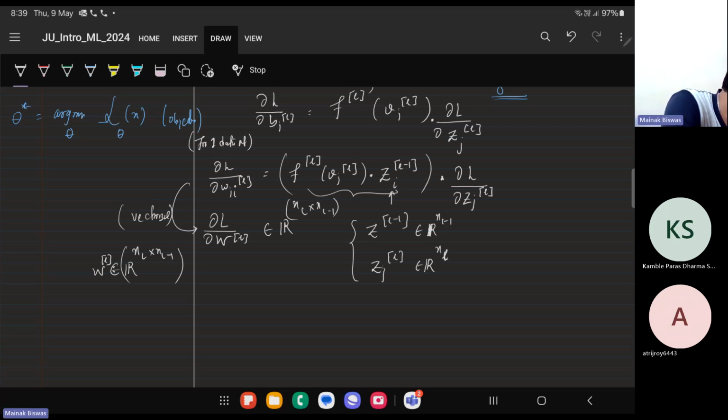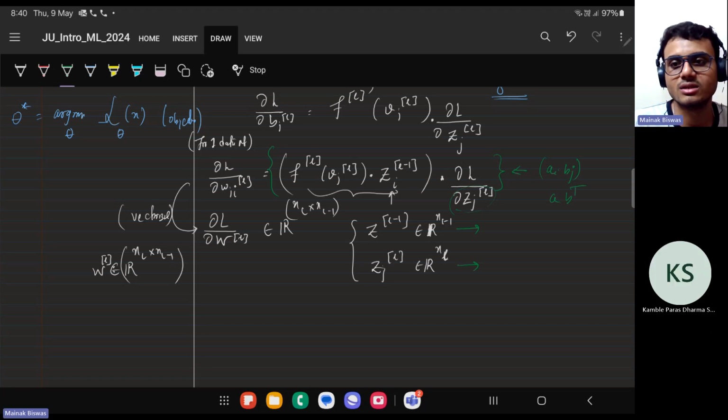So I have got this value. All I am trying to do is write it in terms of a matrix product. So dz of L is NL dimensional, and dz of L minus 1 is NL minus 1 dimensional. Do you agree? Somehow if I take the product of these two, I'll get all these products that I have written here. This is like AiBj. When will you get AiBj? If you take AB transpose, if these are vectors.